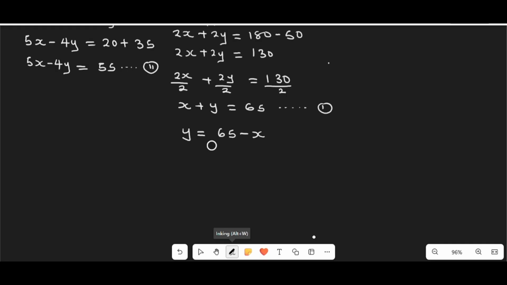Now let us substitute y equals 65 minus x into this equation.